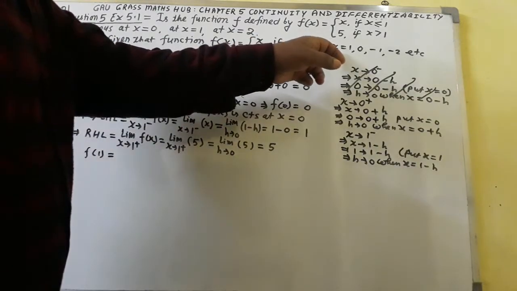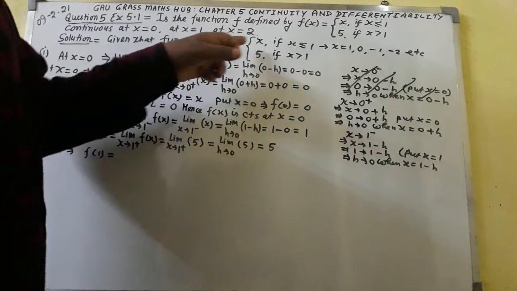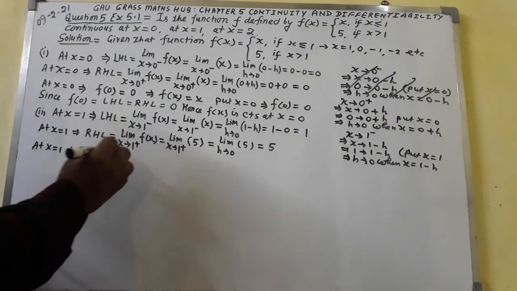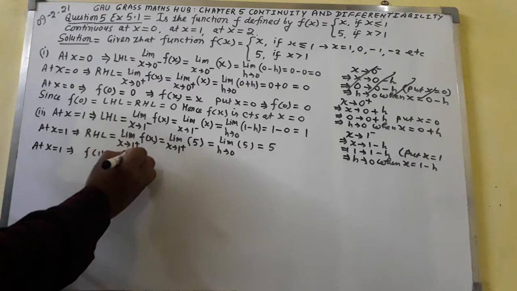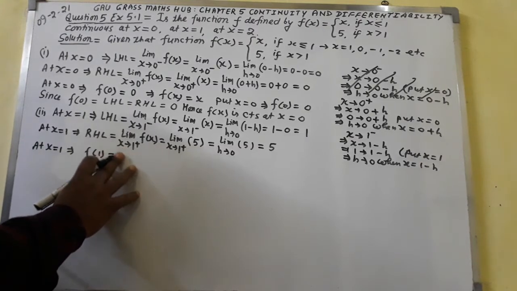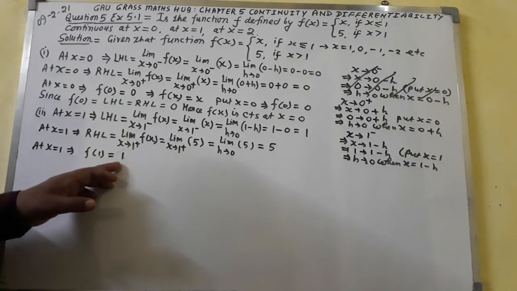Here you can see x equal to 1, so the first function is the one I am going to choose, f(x) equal to x. In place of x I shall write 1, so you will get f(1) equal to 1.